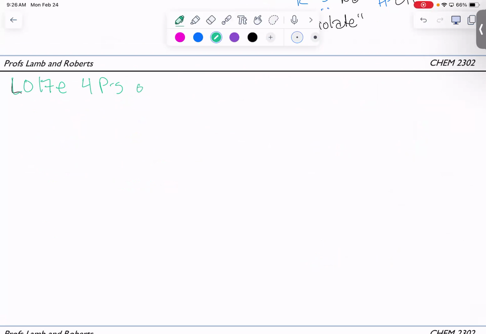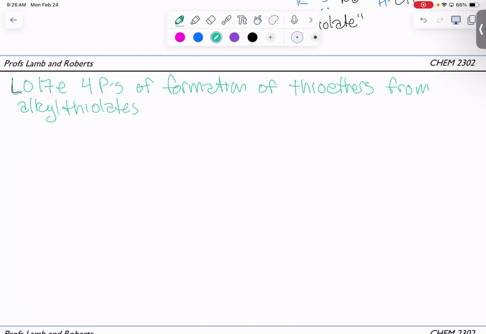So the 4 P's of formation of thioethers: the sulfur version of an ether from alkyl thiolates and primary or secondary alkyl halides.